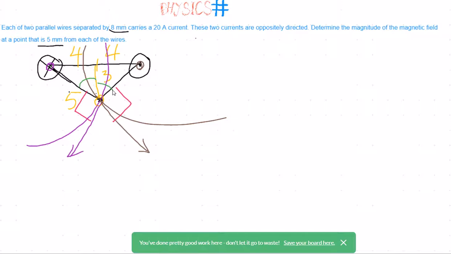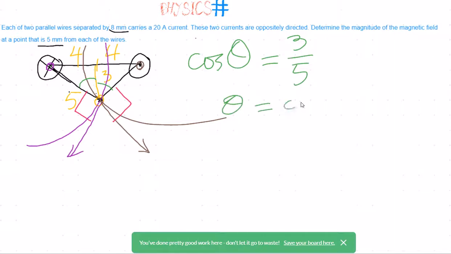If I call that theta, then the cosine of the angle is adjacent over hypotenuse, so it would be 3/5. So this angle theta is going to be cosine inverse of 3/5. Okay, so all in all, we just know those two angles, and we also know that the two red angles are obviously 90 degrees. But why do we need that?